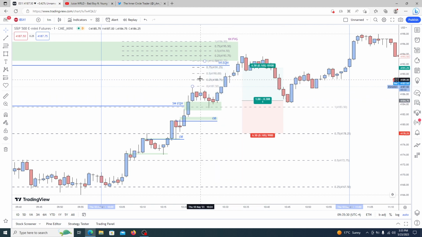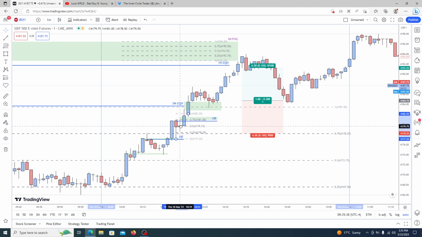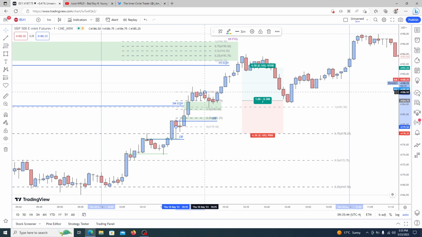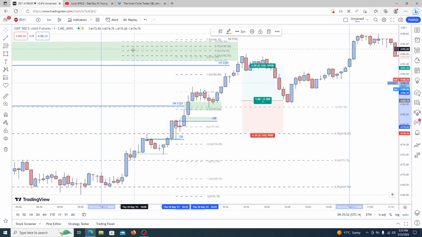Another idea that you could utilize is by taking your FIB, and we could take this low. Let's take the bodies of the candles, this low to the highest body candle, and we could put the extension on. Let me get rid of this because this is being noisy now.